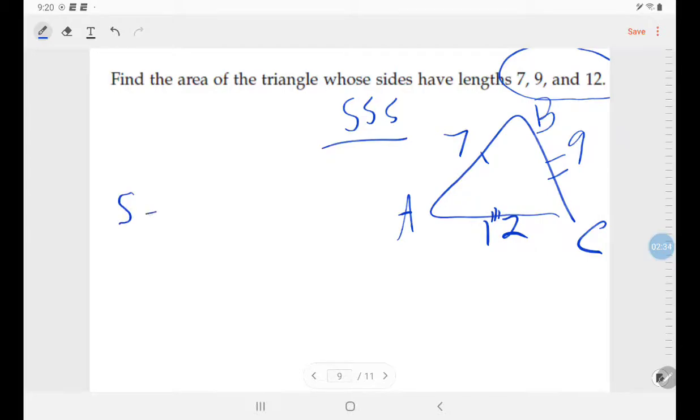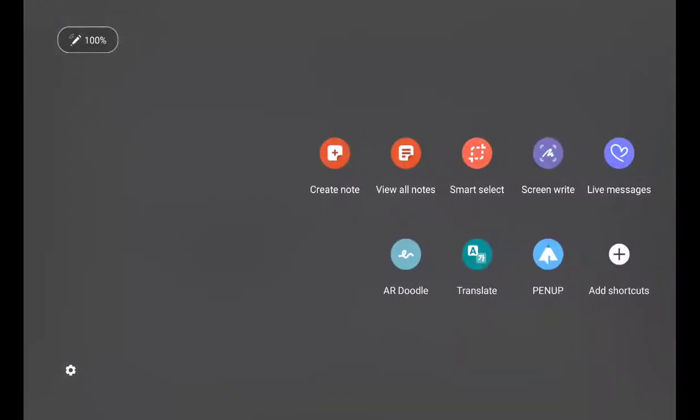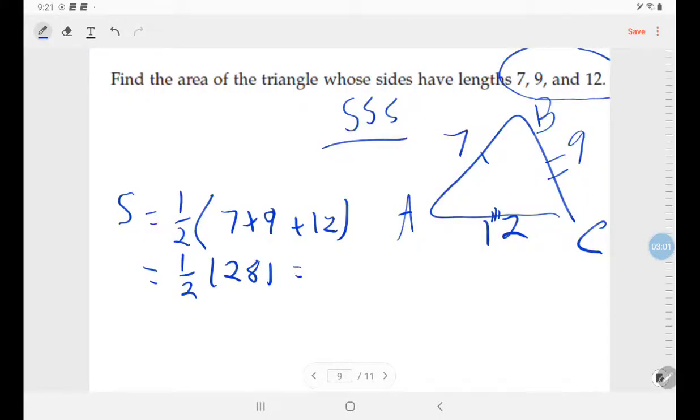So first, I'm going to find the semi-perimeter, which means half of the three sides, 7 plus 9 plus 12, which is half of 7 and 9 makes 16, plus 12 makes 28, and half of that is equal to 14. That is our semi-perimeter, or half of the perimeter.